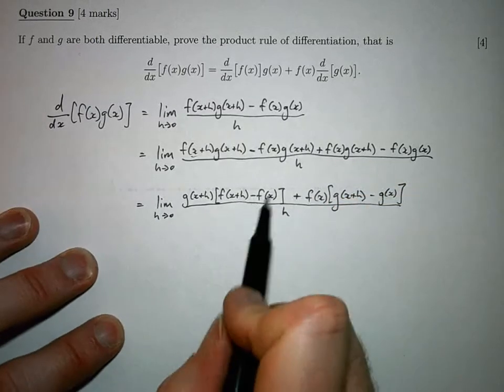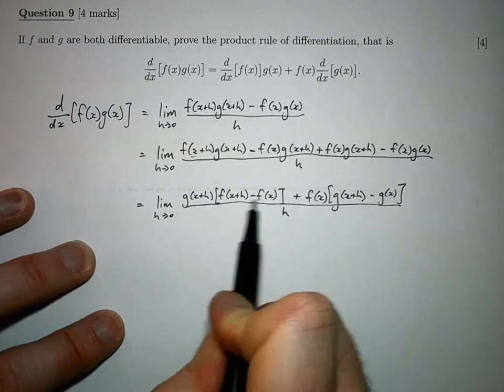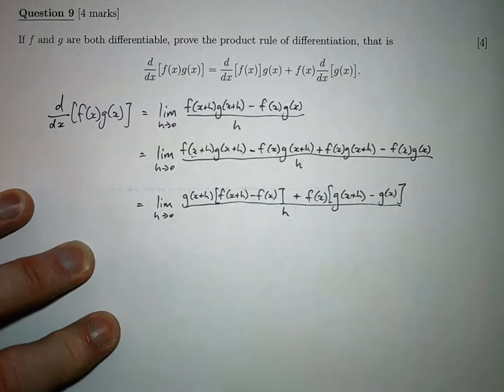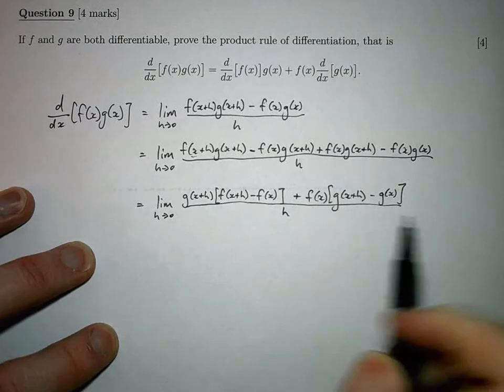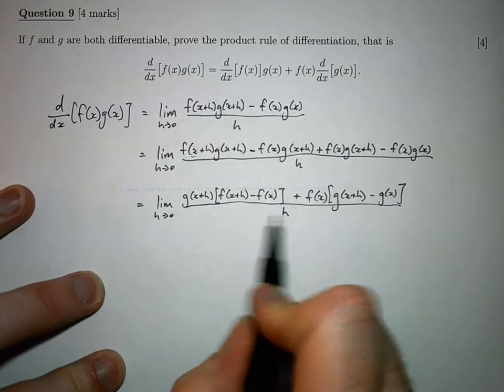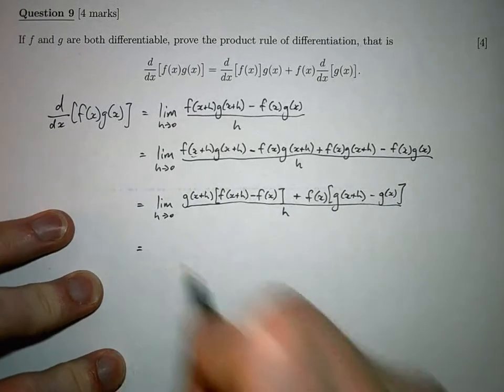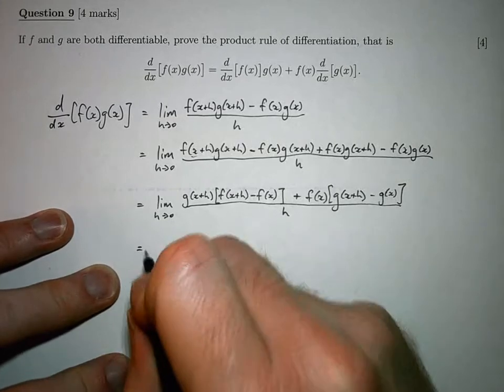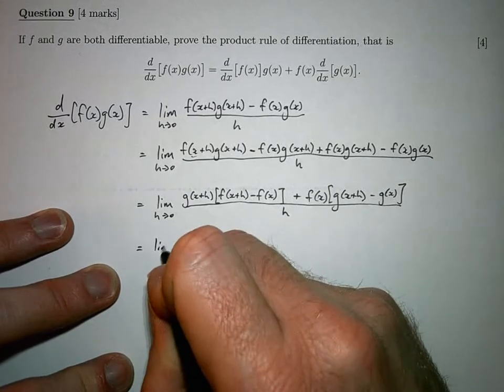So if you can't remember, you can always work out what it is that you need to add and subtract in the middle. Okay, now this is starting to look a little bit more like the derivative of f of x, and this is starting to look a little bit more like the derivative of g of x. We just need to separate them into separate terms. So let's rewrite this slightly.